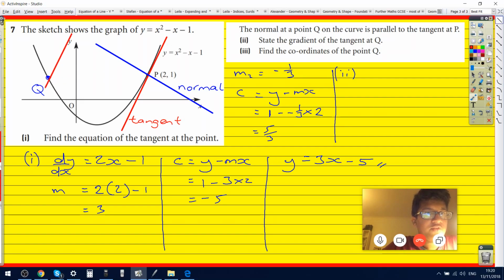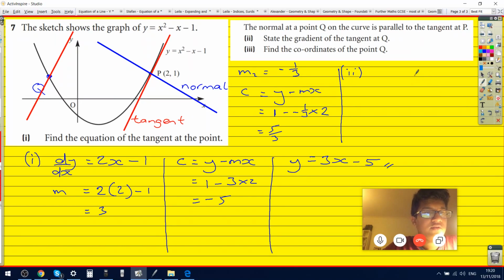If the normal is parallel, we know the gradient has to be the same, but it's got a different y-intercept. Mm-hmm. So what would the gradient be? The gradient would be 3. M is 3. Okay. And then we have to find the coordinates of Q. So y equals mx plus c. y equals 3x plus c.